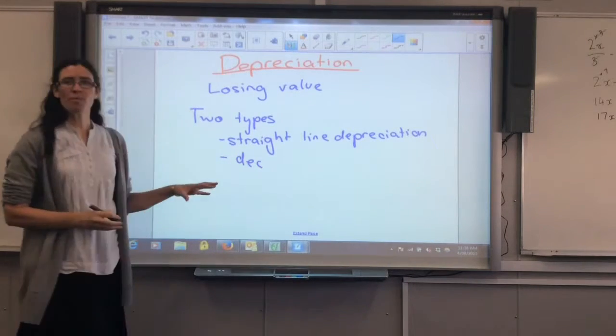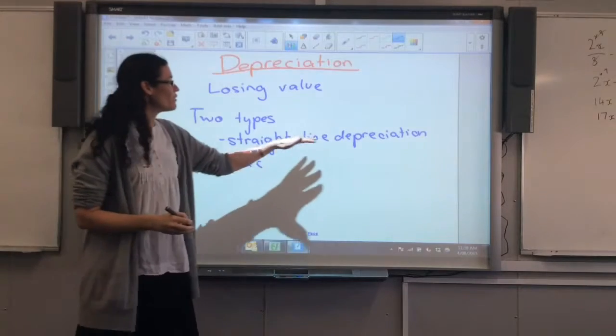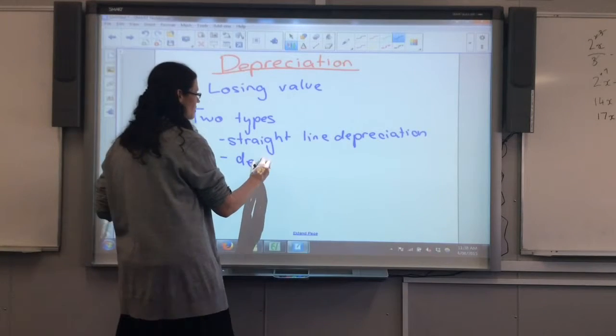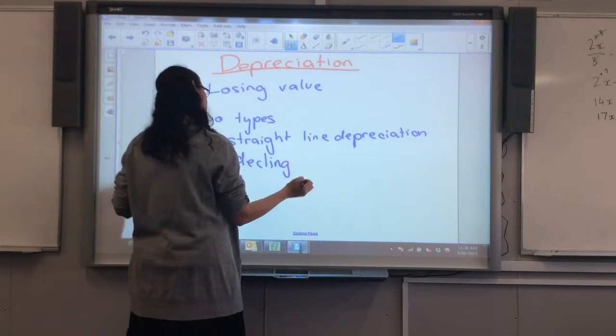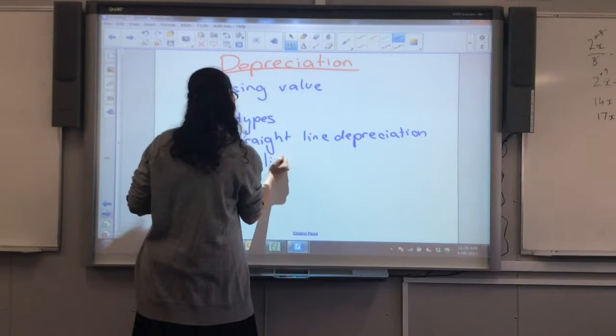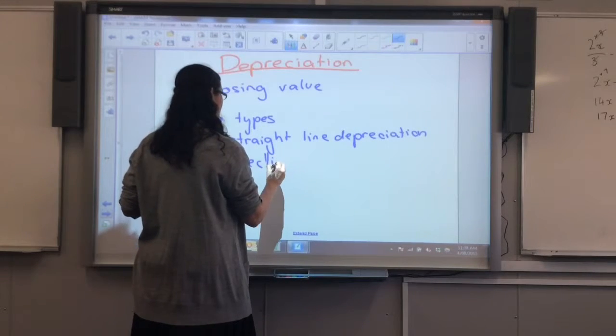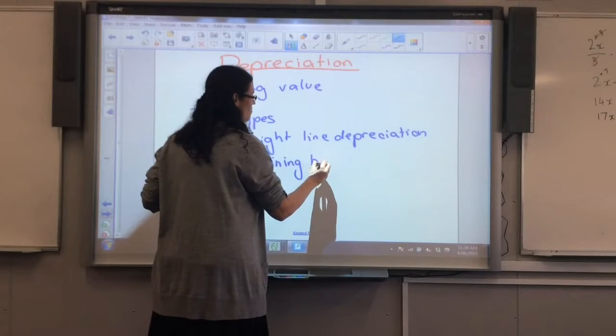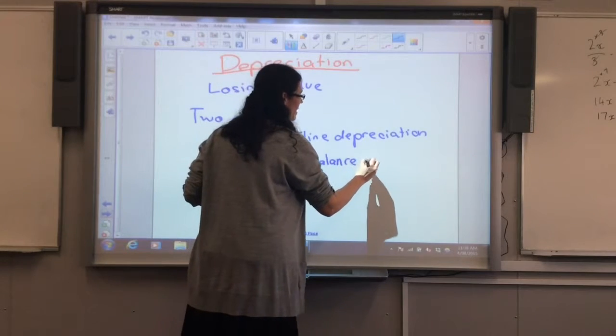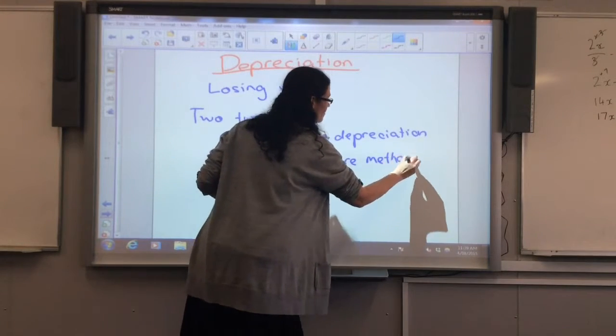We're going to look at this topic over two lessons. Today we're only going to focus on straight line depreciation, and we'll look at the declining balance method next lesson.